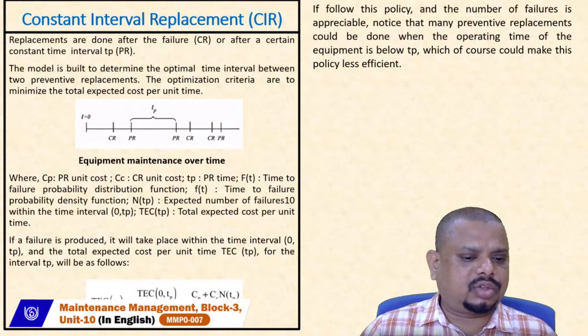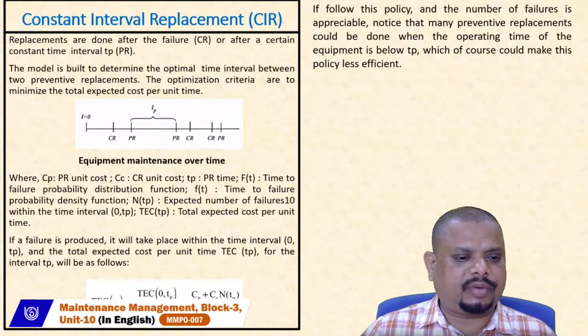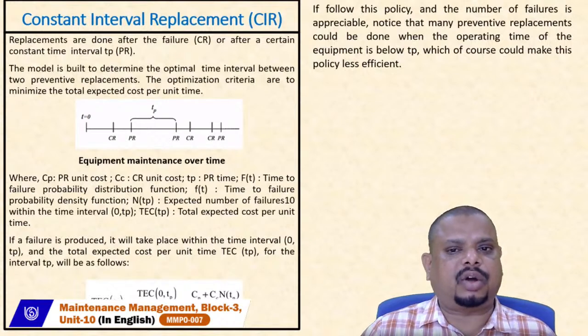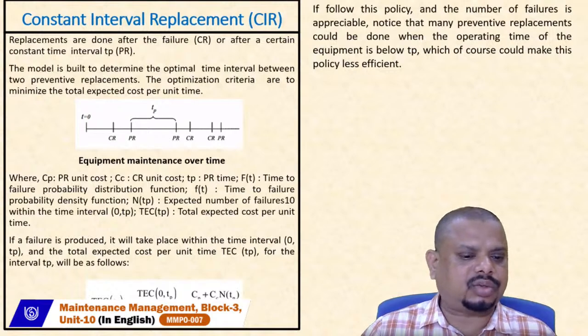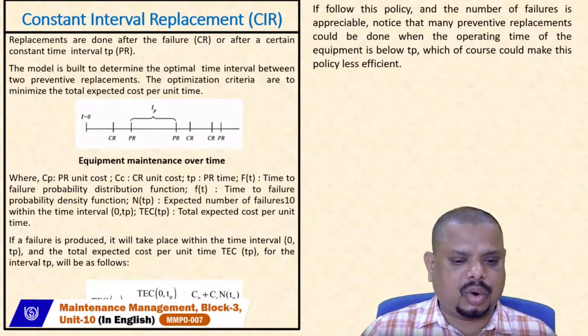So these are the different notations given for the replacement models. If you go for the mathematical formulation for the total expected cost per unit time, which is TEC(TP), that equals the total expected cost from 0 to TP divided by the length of the constant time interval, 0 to TP, that equals CP, the PR unit cost, plus CC times N(TP), the whole divided by TP.